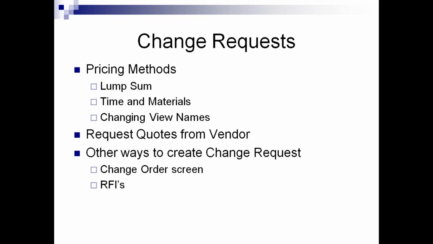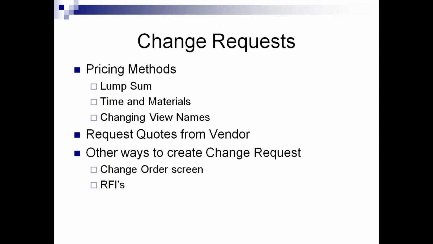So we have two different pricing methods as far as change requests and change orders are concerned. There's lump sum, which means that it's like you're doing progress bill type billing, and then there's time and material, where you're doing like the cost-based types of billing.